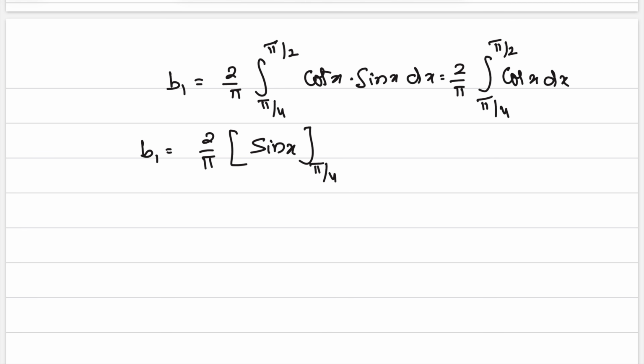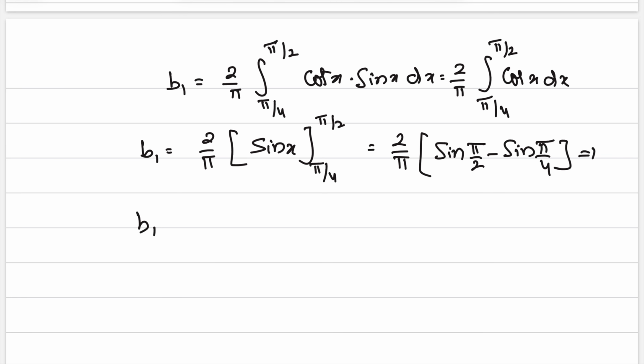Pi by 4 to pi by 2, that will be 2 by pi into, sin x will be sin pi by 2 minus sin pi by 4. That implies B1 is equal to 2 by pi into, sin pi by 2 is 1, 1 minus sin pi by 4 is 1 by root 2.